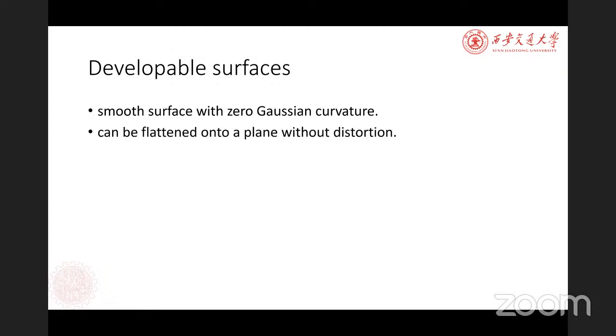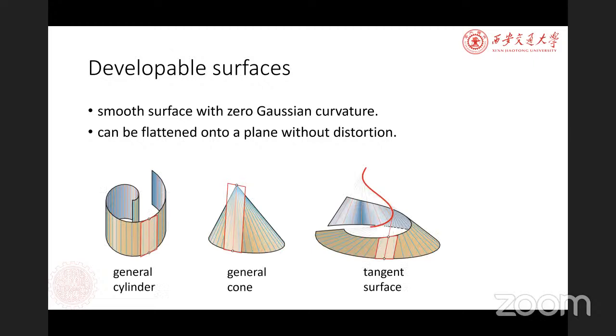The third concept is the developable surface. A developable surface is a smooth surface with zero Gaussian curvature. It can be flattened onto a plane without any distortion, stretching, compression, or cutting. Smooth developable surfaces can be divided into three categories: general cylinders, general cones, and the tangent surface of a space curve.